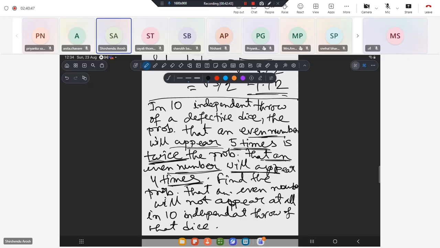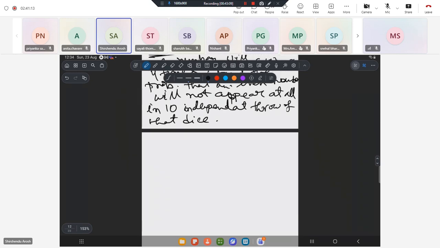Probability of not getting an even number is my failure. I got a finite number of trials here, that is 10 trials. Since I can find out these two situations, that means I can definitely construct this problem statement in terms of the binomial distribution model.